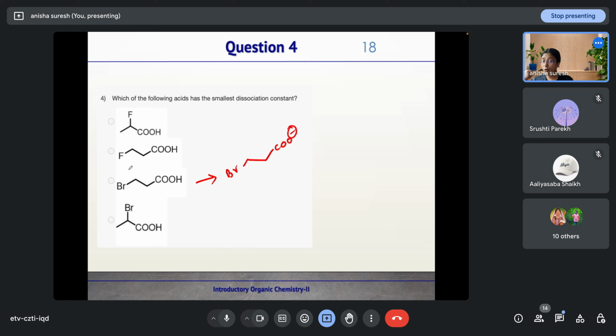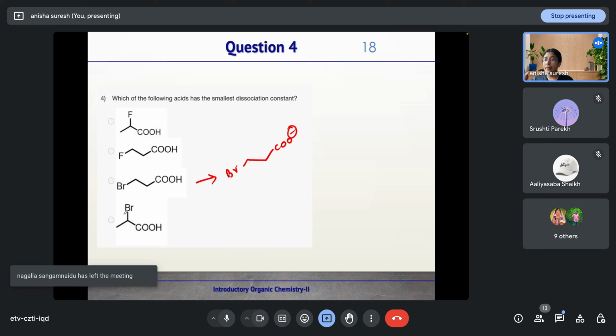When we consider fluorine, fluorine has greater electronegativity than bromine. Because of that, the fluorine will withdraw the negative charge at a greater rate compared to bromine, and it will be stabilizing the negative charge of COO-. Hence, this will be a better acid than when bromine is present.